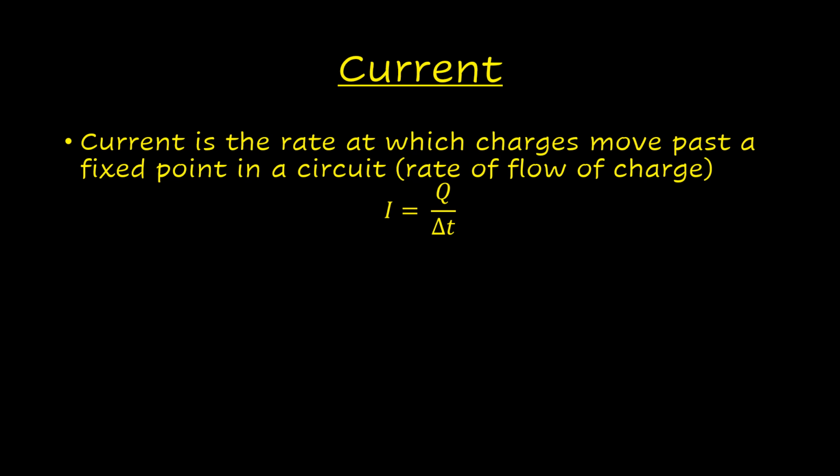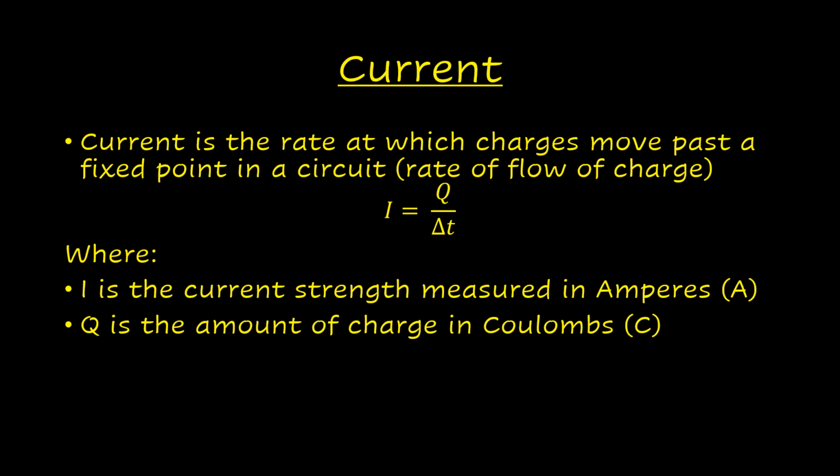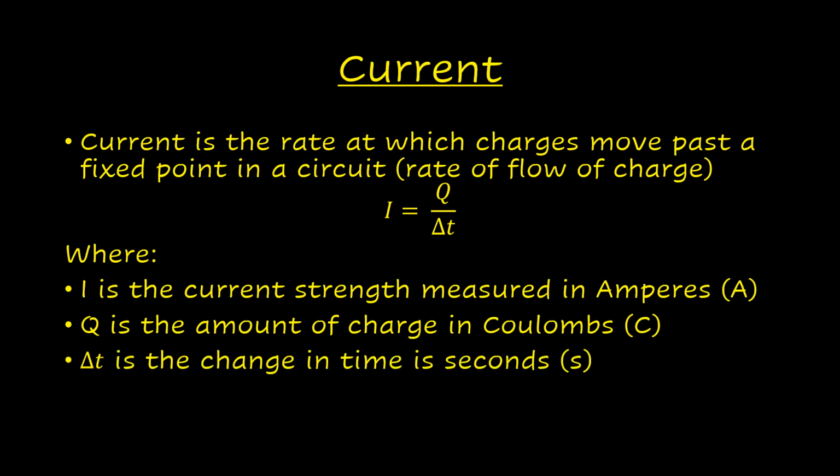Hence, the current I equals the charge Q divided by the change in T, or you can just say I equals Q divided by delta T. I is the current strength measured in amperes, Q is the amount of charge measured in coulombs, and delta T is the change in time measured in seconds.